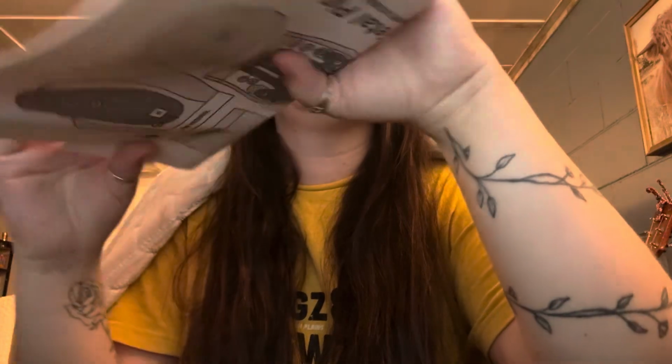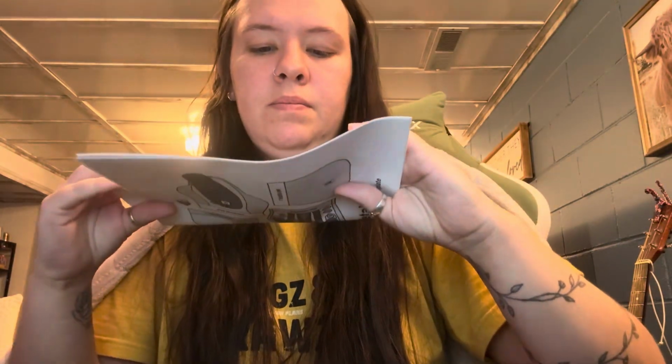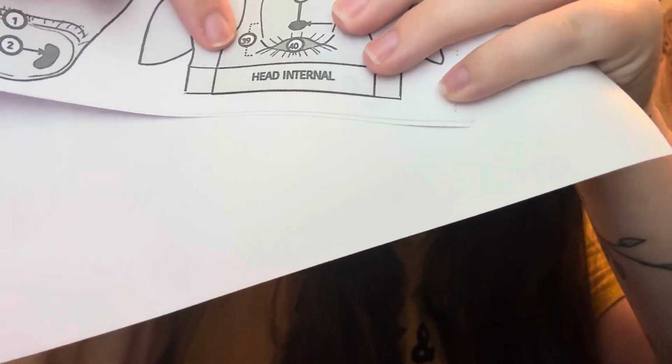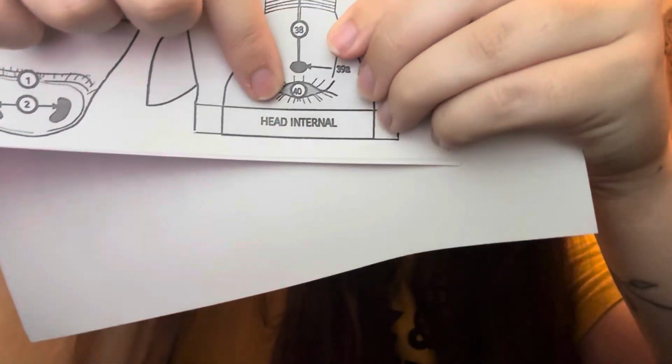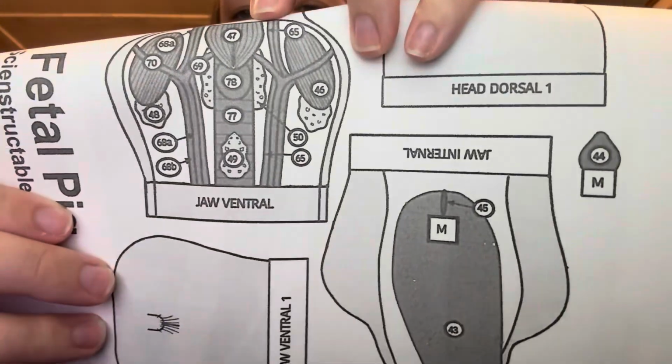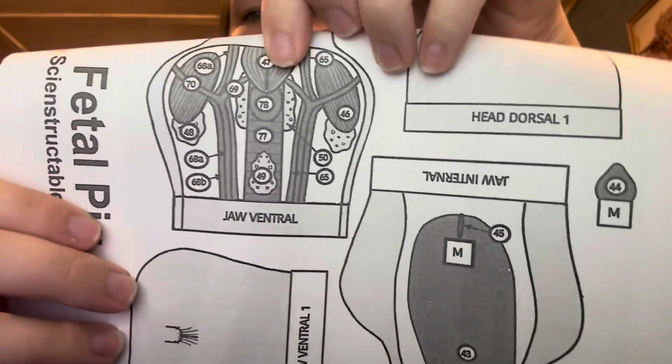This is the hard palate. This is the soft palate. This is the pharynx. And this is the esophagus. This is the jaw, the inside of the jaw.